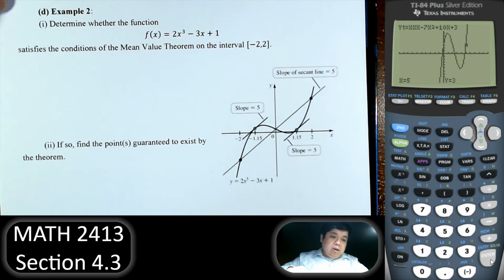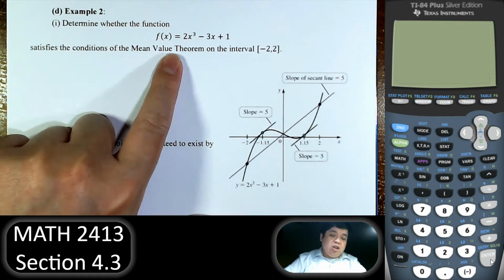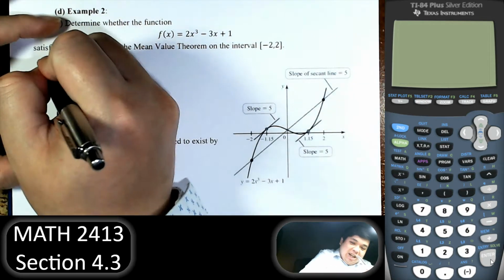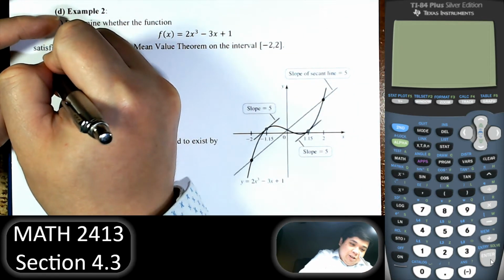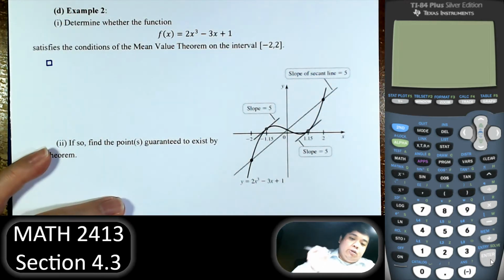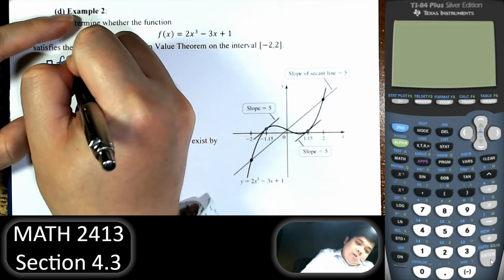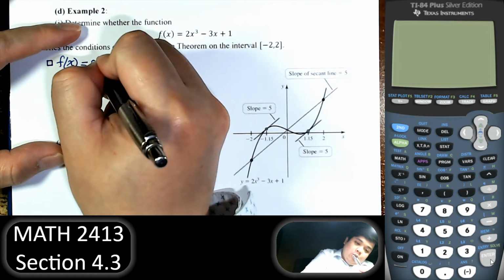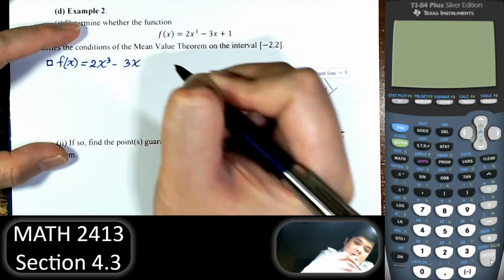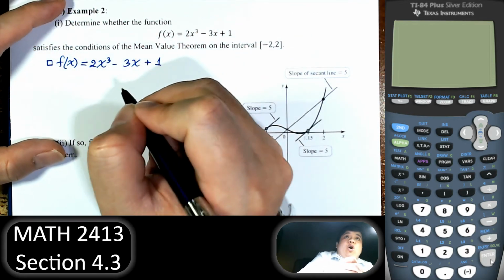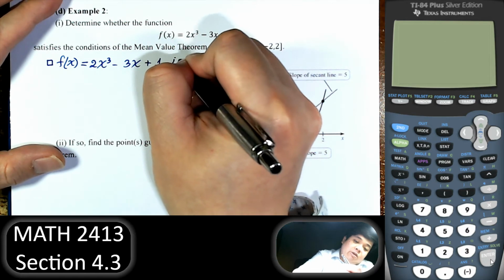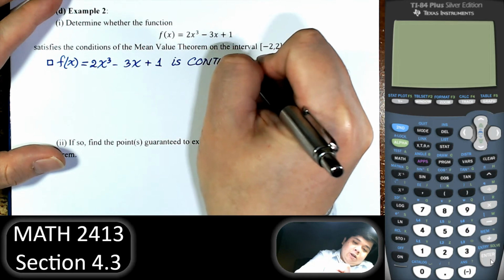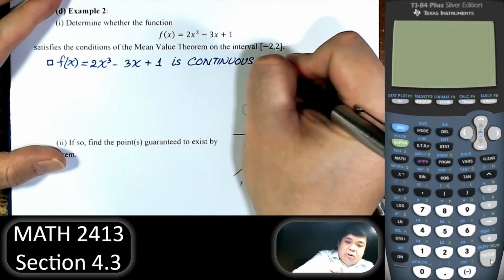Next, determine whether the function satisfies the conditions for the mean value theorem. This one should be obvious, since it indicates the mean value theorem. First, the function is 2x cubed minus 3x plus 1. It is a polynomial, therefore it is continuous and defined everywhere, so it is continuous on the closed interval.